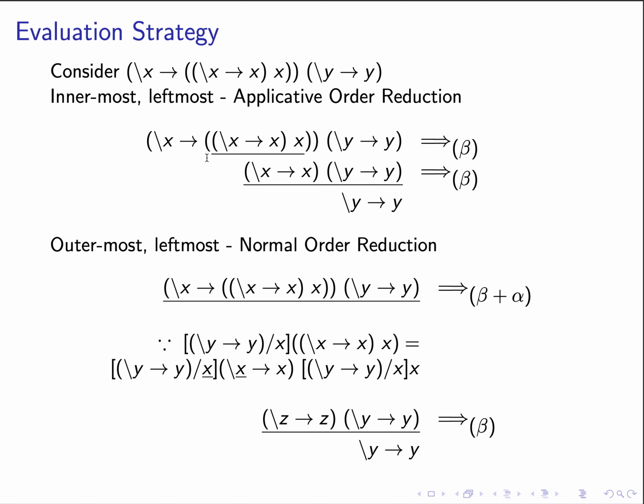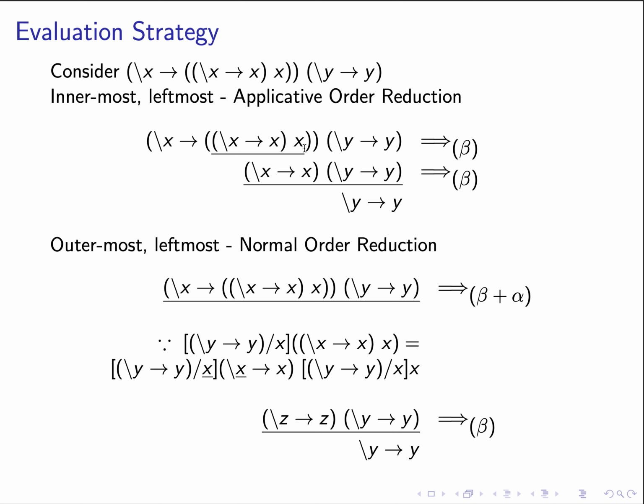We first look into the entire expression for the innermost leftmost redex, which is this one. Assuming that we conduct some alpha renaming as well, say this is x1, this is x2, so this will be x2, this will be x1. If we apply the beta reduction to this redex, it returns x1.